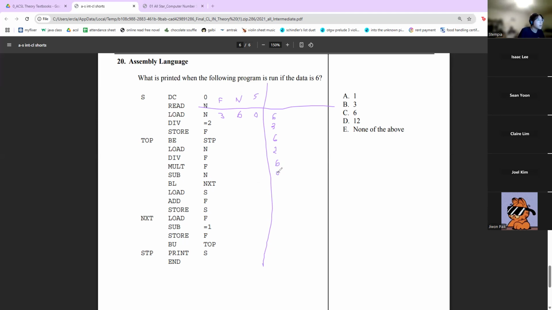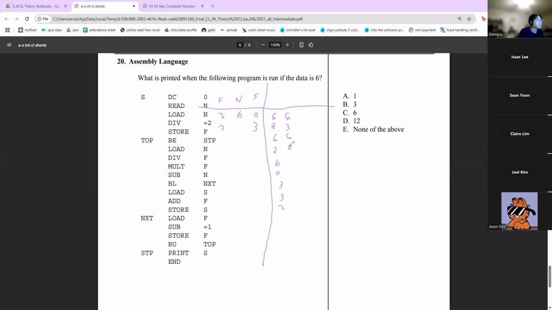So let's load F, add F, store this in F. Next, we would load F, subtract 1, store this in F, and then we would go back to the top and repeat. So BE is not true. So we load N, divide by F, multiply by F, use the 6 again.